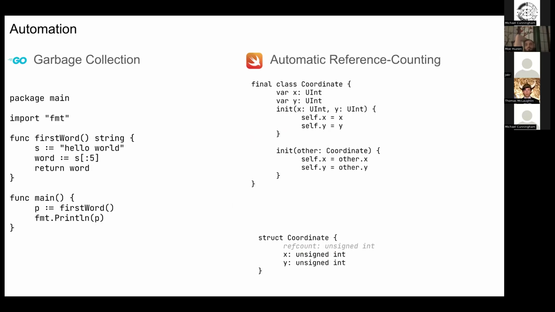And this ref count is, specifically when you allocate to the heap, the number of pointers which point to that class. So let's say you allocate a class on the heap, the allocator or Swift will give you a pointer to that, and the ref count of that class will be 1.